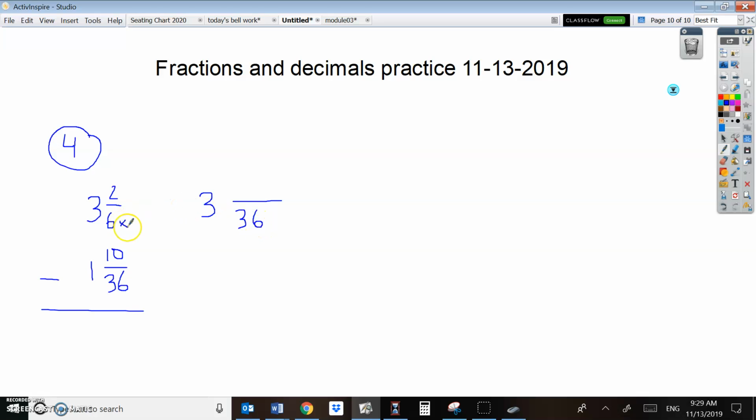Times 6 here, times 6 here. So that's 12 over 36. 1 and 10 over 36. And that gives us 2 and 2 over 36. But let's simplify that to 2 and 1/18.